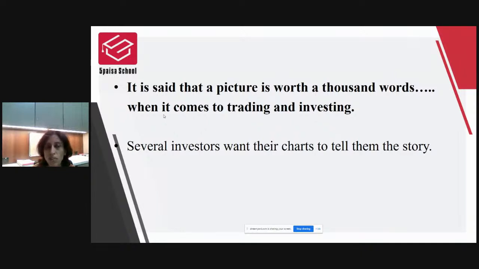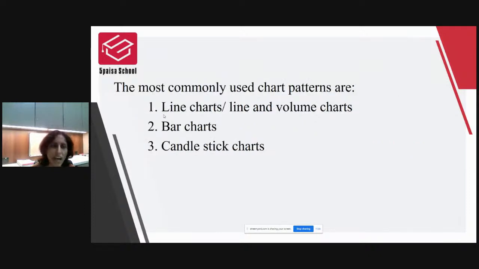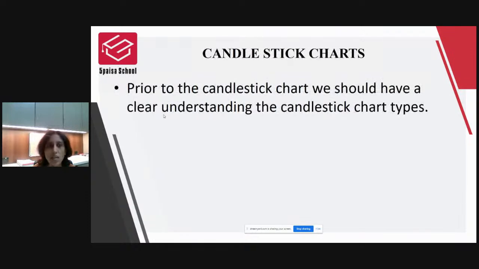Several investors want their charts to tell them the entire story. As I discussed in my previous session, the most commonly used chart patterns are line charts, most commonly known as line and volume charts. Next are bar charts, and the most important of all of these is the candlestick chart.